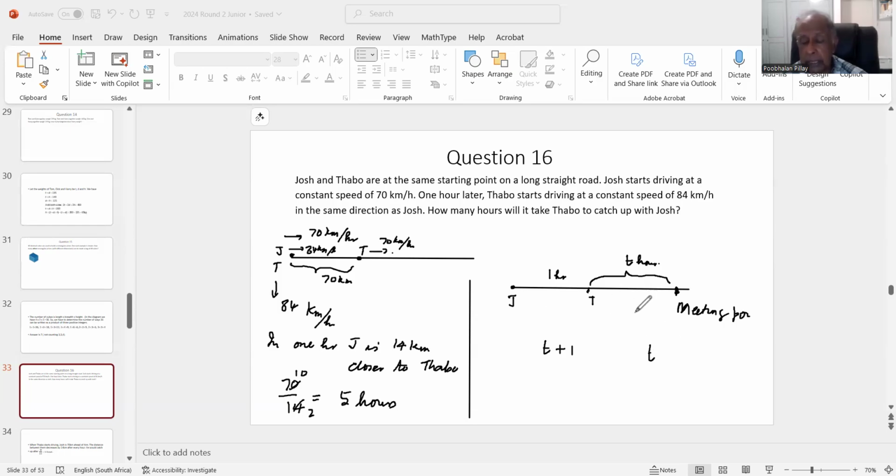So when they meet, they both would have traveled the same distance. There are two different times, but this fellow is a slow coach. He's traveling at 70 kilometers per hour.